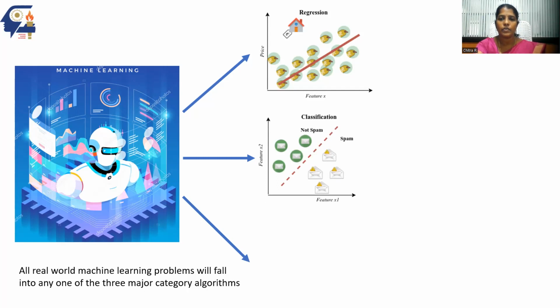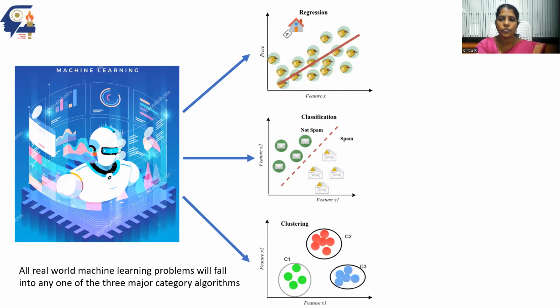There are two kinds of classification, multi-label classification and binary classification. In the KNN classification technique, we are discussing binary classification: yes or no, true or false. An example for binary classification is filtering mails into spam mails and non-spam mails.